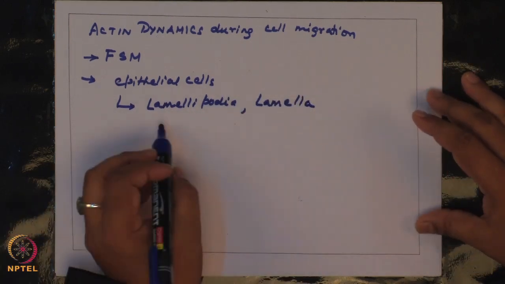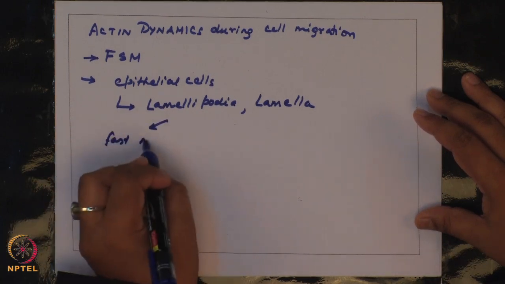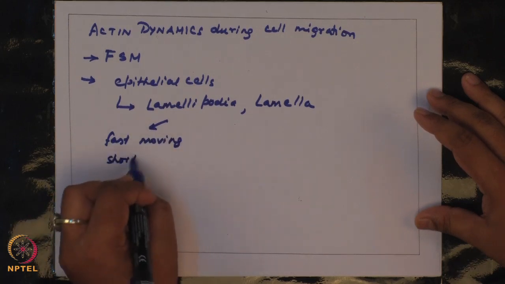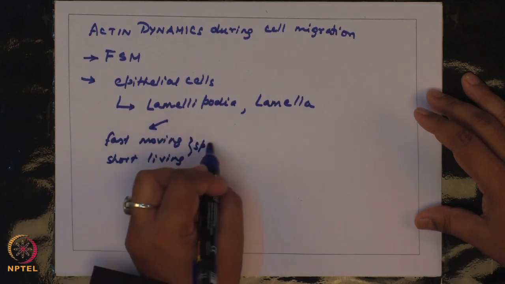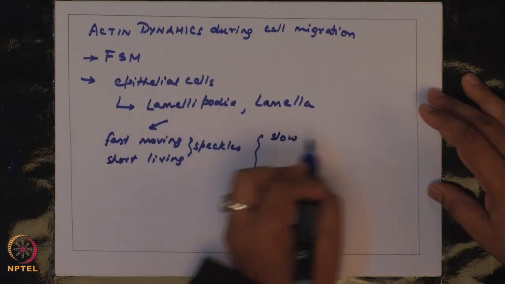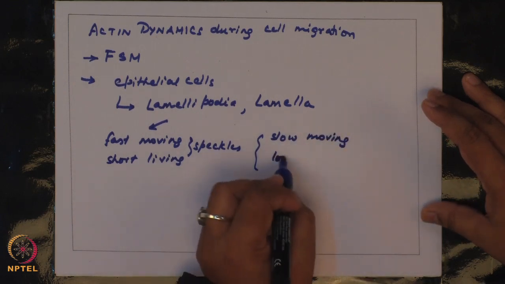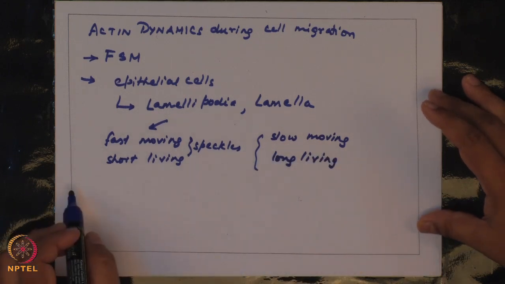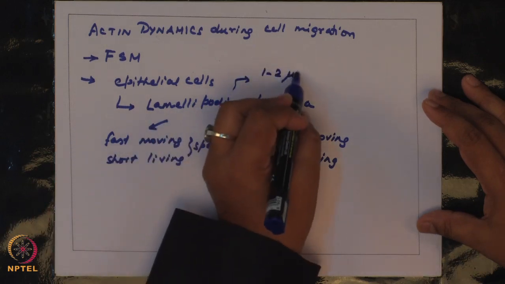In lamellipodia you have fast moving, short living speckles, while in lamella you had slow moving, long living speckles. This was one difference. So, lamellipodia is within the first 1 to 2 microns from the leading edge.